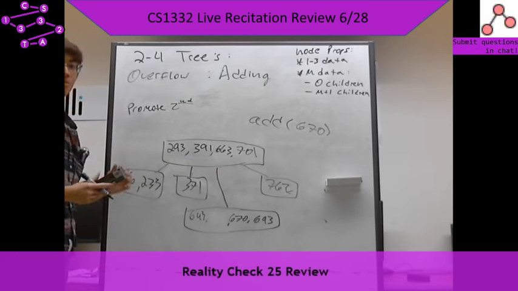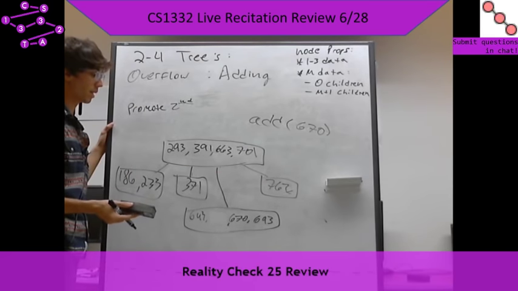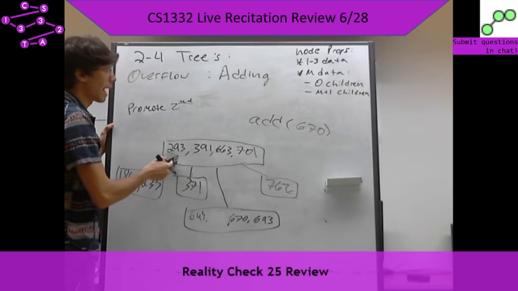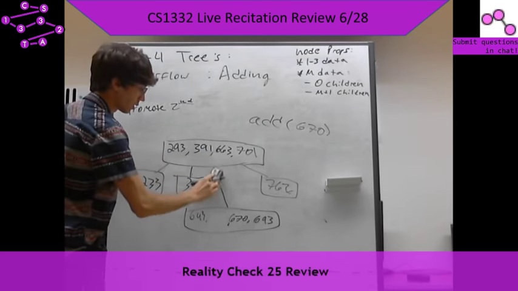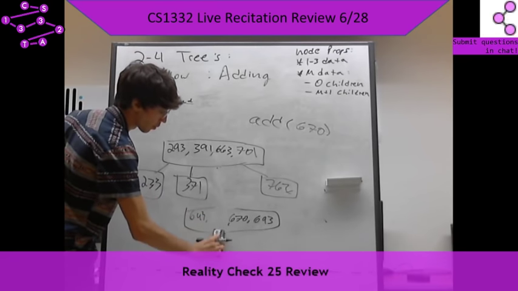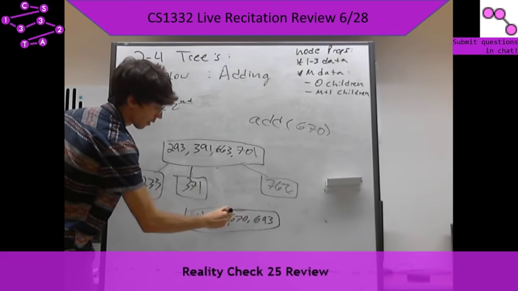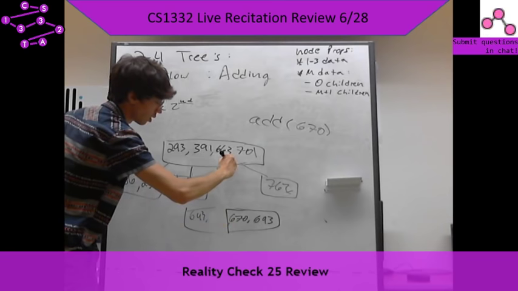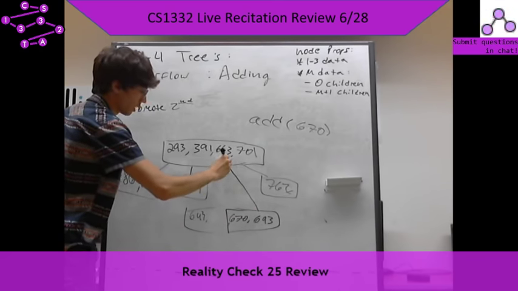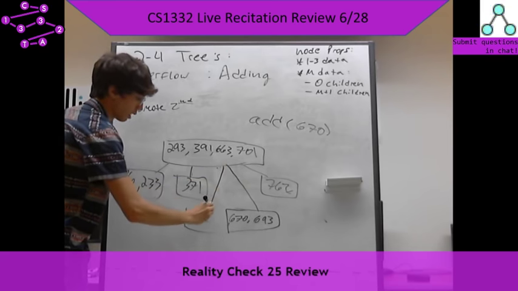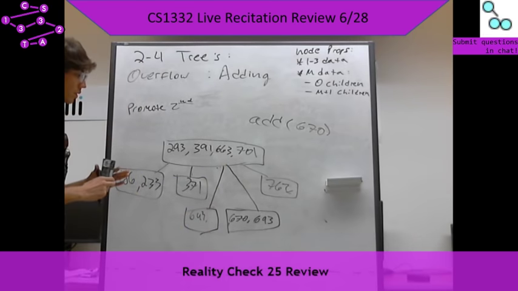Right? But, uh oh, we're kind of in the same problem again, right? We now have more than 3 data elements. Sorry, I have to split this too. Don't forget that. So we promote, and these will be a right reference from there, with this being a left reference here. Okay?